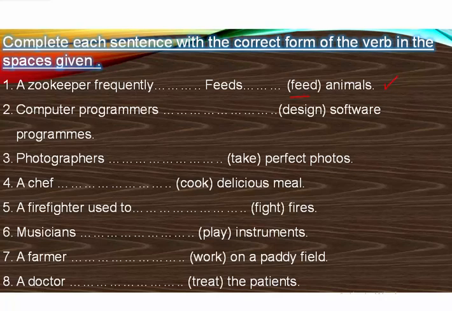Second one, computer programmers dash design software programs. Third one, photographers dash, verb take, perfect photos. A chef dash, verb cook, delicious meal.